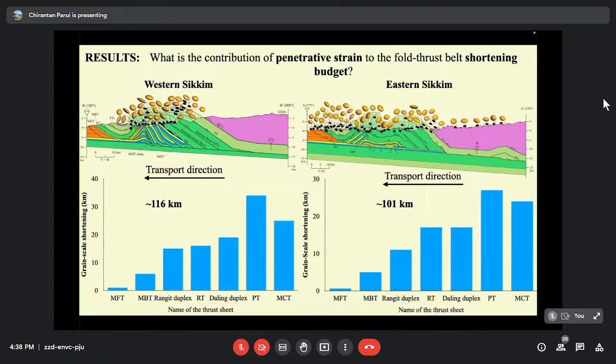However, adding grain scale shortening from penetrative strain to the shortening estimated from balanced cross sections is not a straightforward task, as we have to consider the orientations of the strain ellipses.